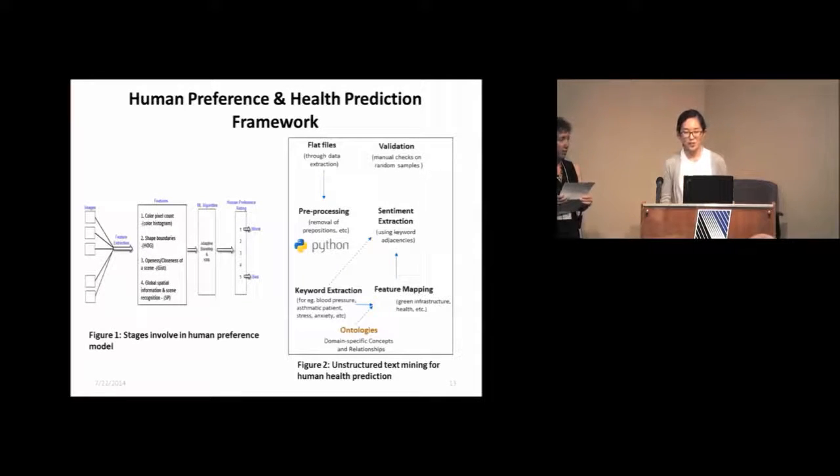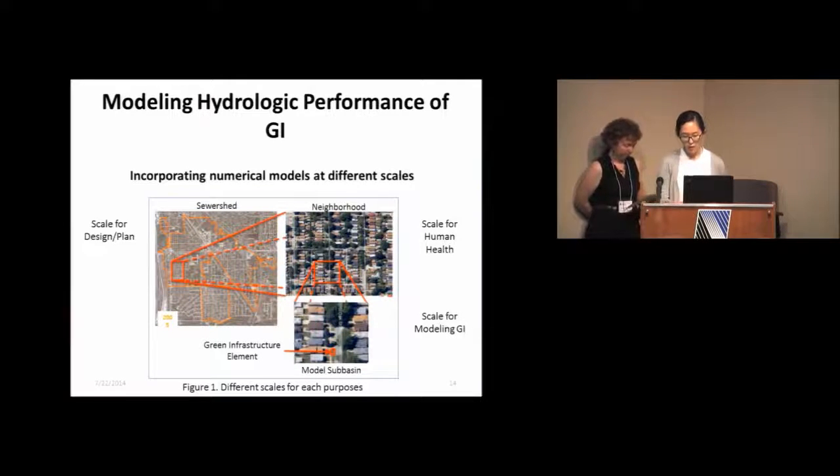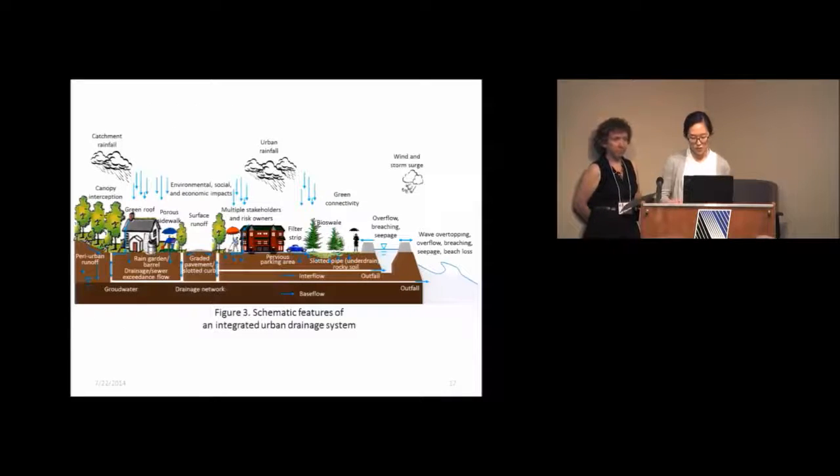I'm Sun Young Park, a grad student of Professor Schmidt. My research topic is modeling hydrologic performance of green infrastructure. I would like to introduce the research context as a use case, starting from these figures. Most of you already know that over the last century, urbanization has contributed to expansion of impervious area.